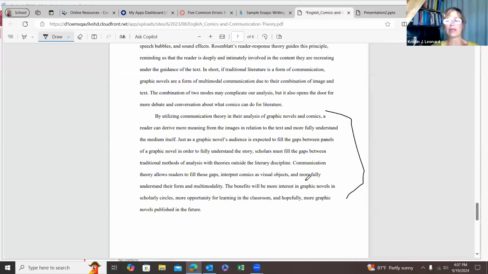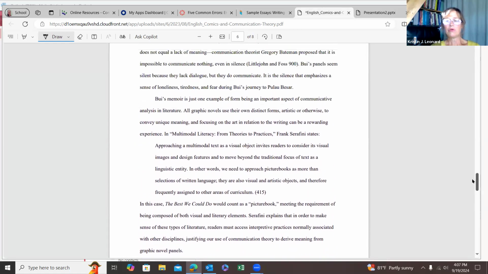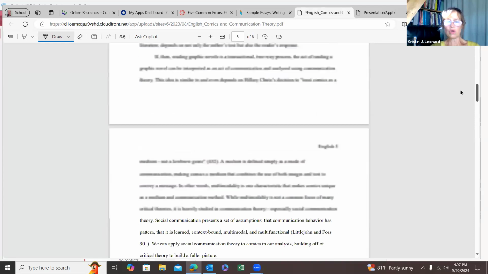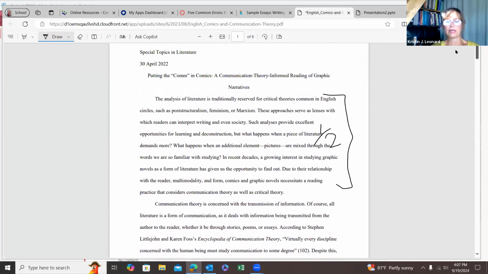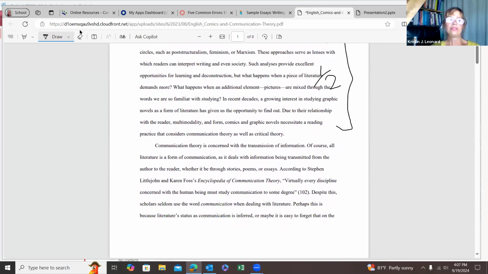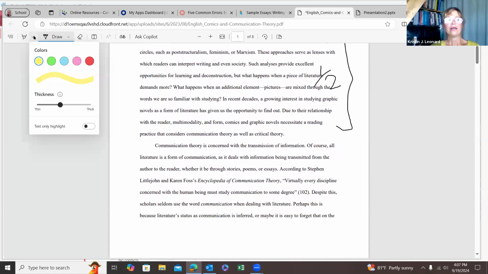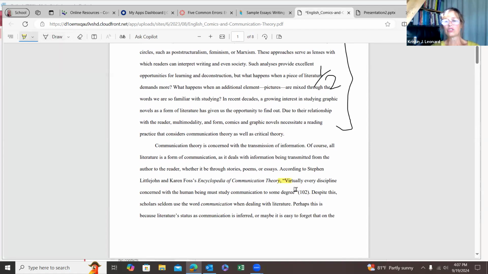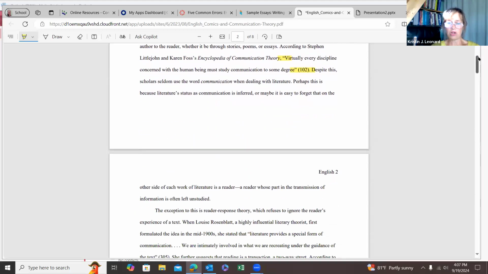So let's take a look right here. If you look at this sample essay with the MLA, you can see right here, we'll kind of move up to this page. All right. And you can see right here that this writer has used a direct quote, and they are citing their sources, but it is surrounded with their words in front of it, and the words that follow.